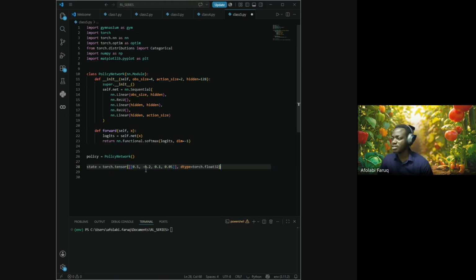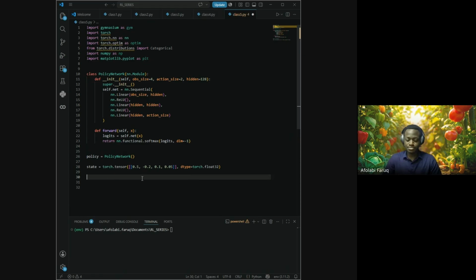Here are, let's say, the four observable states we have. This is a float data type, so that's what we are using. I want to pass this state into the policy.